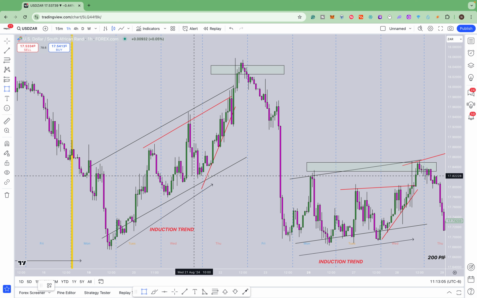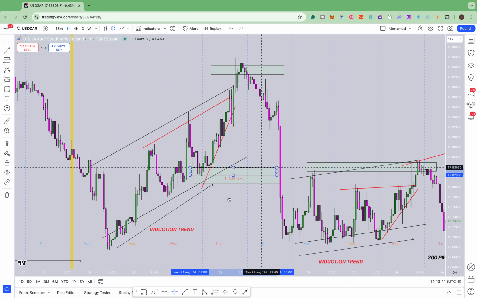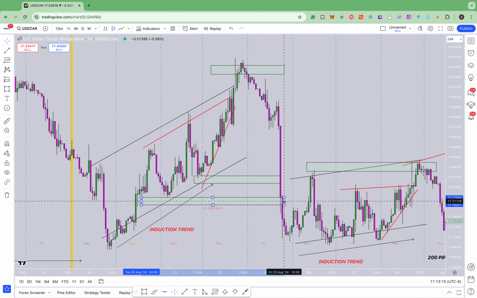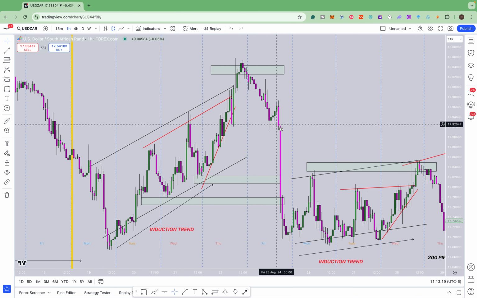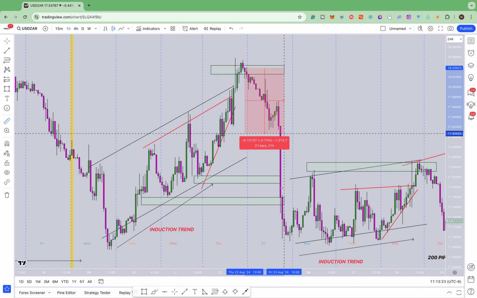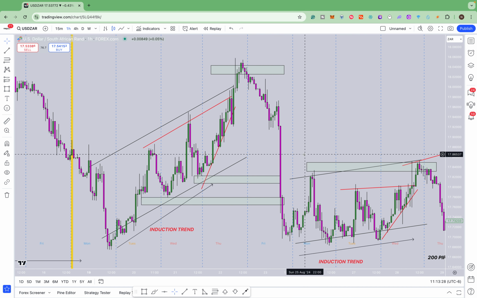It would be right around here, these previous lows of this trend. Right here, and potentially right around here. And notice how in one candlestick, they go right for those lows. In total, this was almost a 270 pip move.